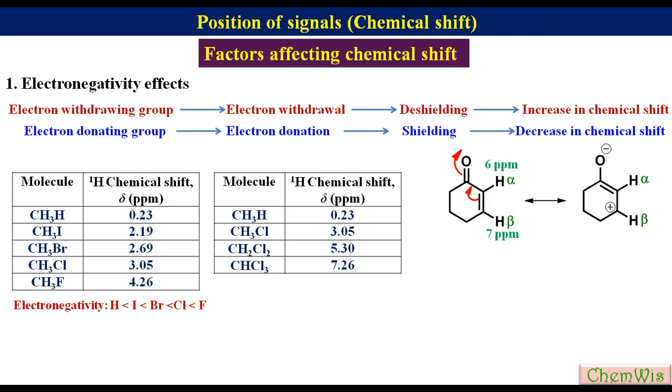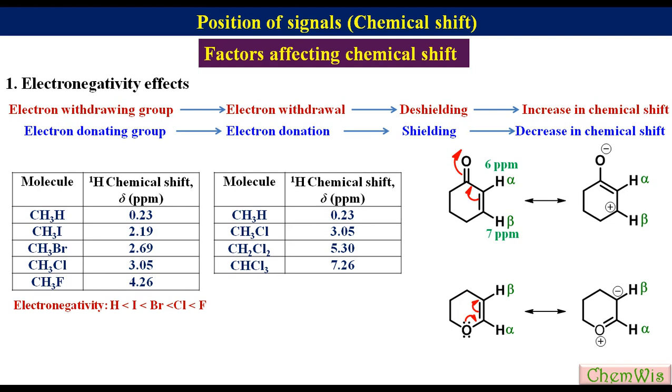Let's have the example of 3,4-dihydro-2H-pyran. In this case too, we have to find the relative chemical shift of alpha and beta protons. We can draw the resonating structure like this. Here, we can see that the beta carbon has greater electron density.